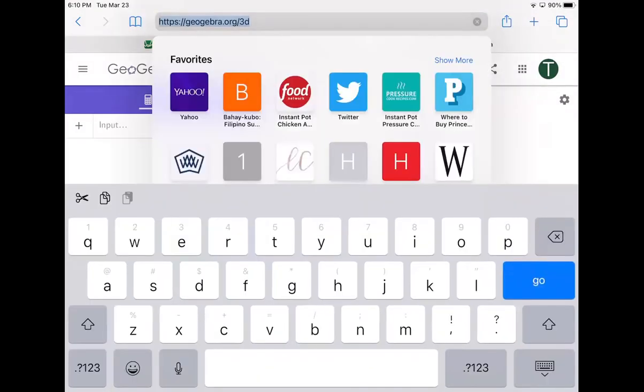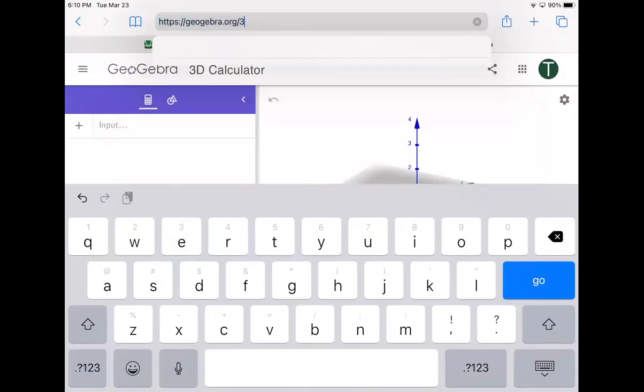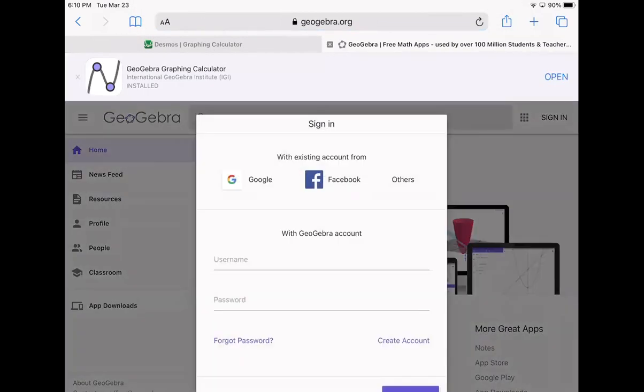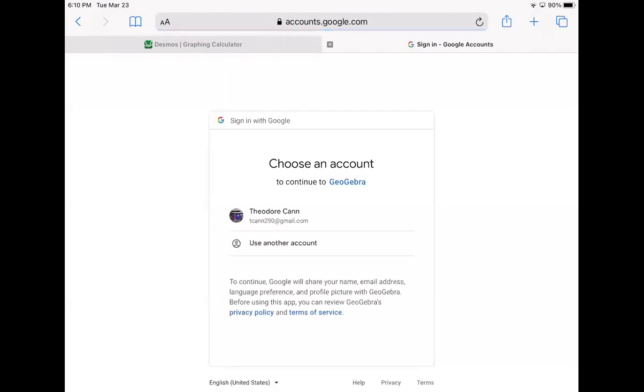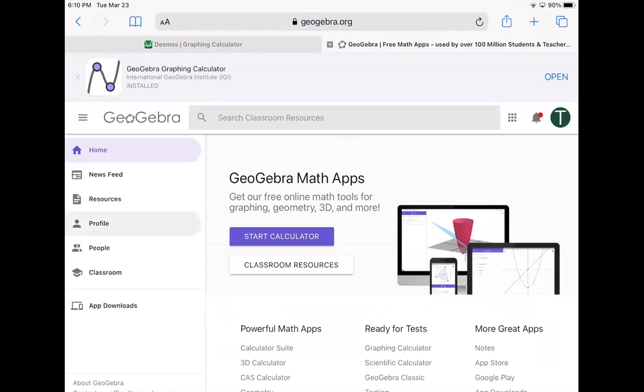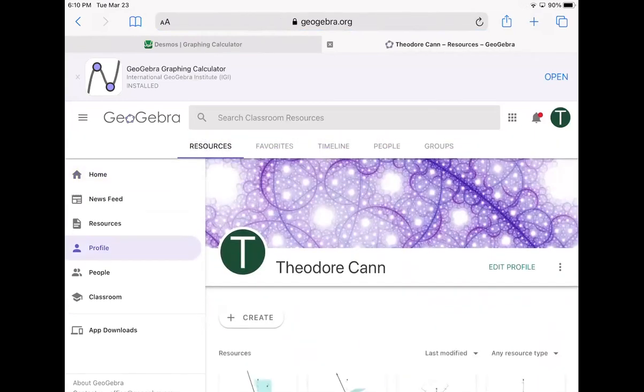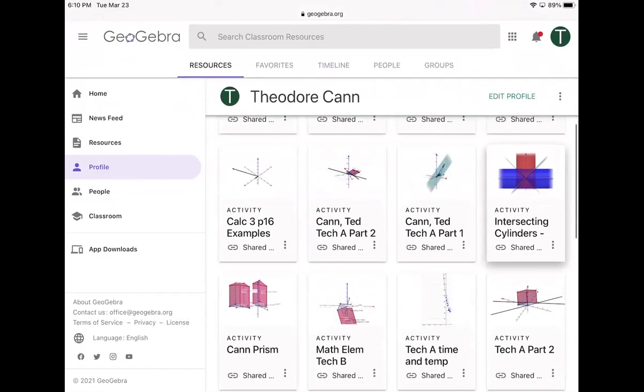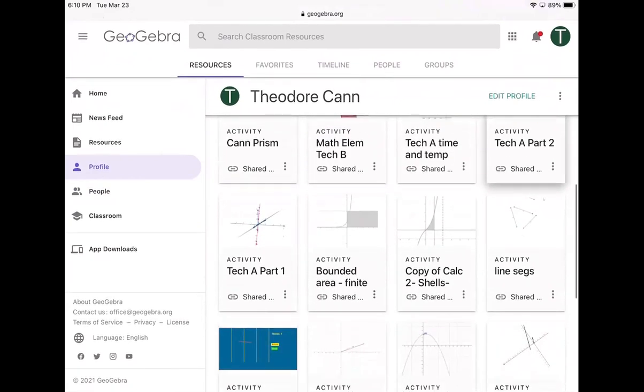Let me open my GeoGebra and sign in, probably with my Google account. Whenever you save something, if you've been creating graphs and you're wondering where your stuff is, it's always under profile. Some of them I share, some of them I don't. Let's see if I can find it quickly.